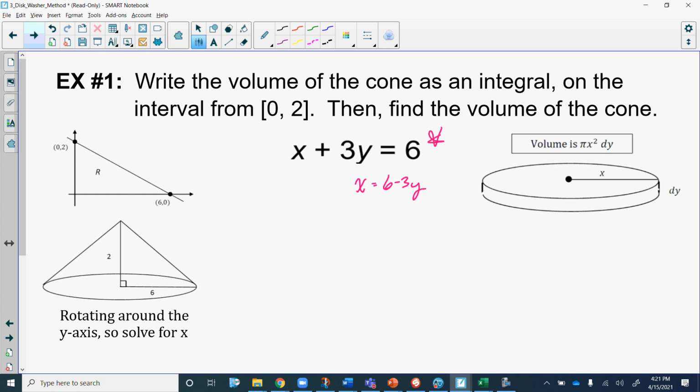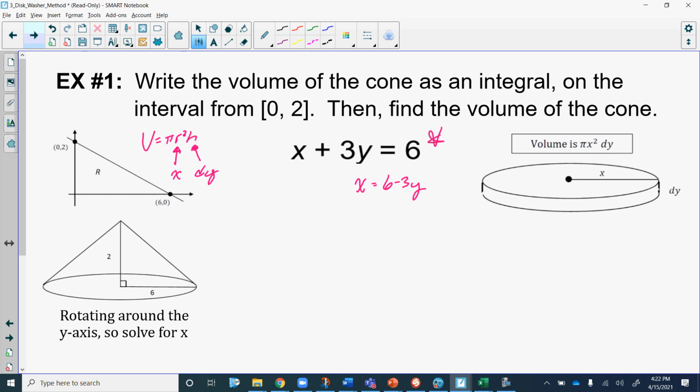Okay? So that 6 minus 3y, again, the formula for volume in this case of the cylinder is pi r squared times the height. Well, in this case, r is going to represent what we have for x, and h is going to represent what we would have for the change in y, delta y.